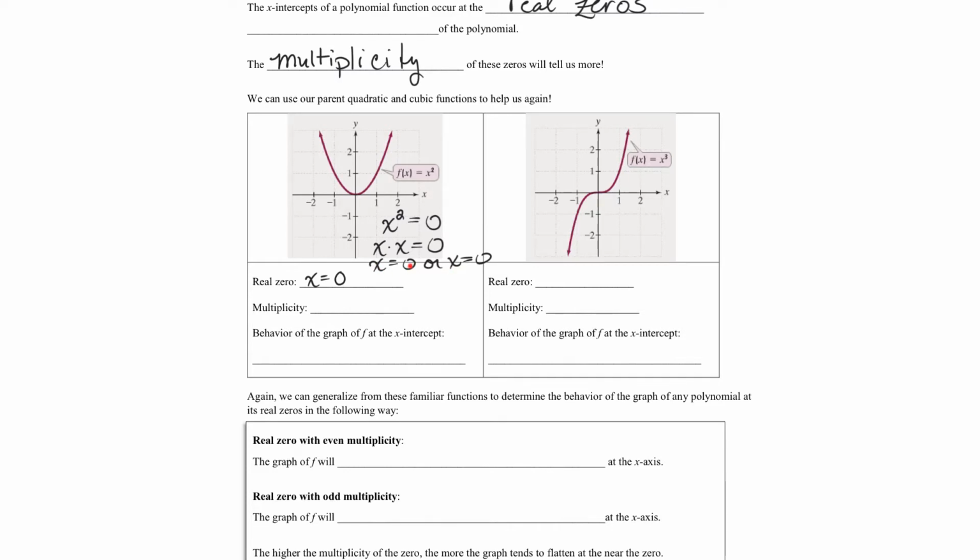Twice, right? X equals 0 or x equals 0. The multiplicity of this 0 is 2. It is repeated twice. And this multiplicity of 2 is even. Now, what is the graph doing in and around near that x-intercept? Well, as it comes from the left, it comes down, it touches, and it turns around, right? So it touches and turns.